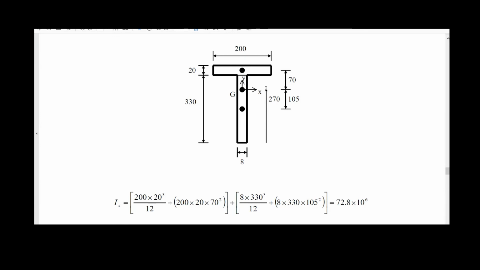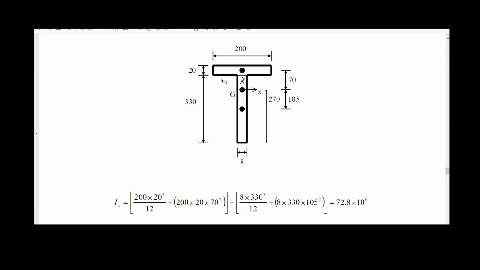There is another thing you have to calculate, which is also not the topic today. Once you know the position of the centroid, you can calculate the moment of inertia regarding the barycentric axis X that passes through G. Here you have the calculation.